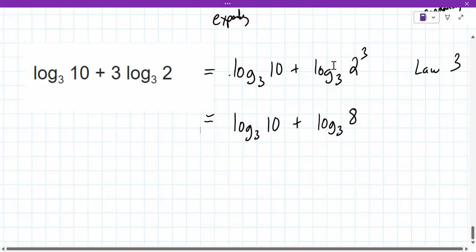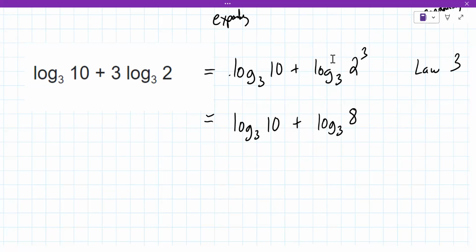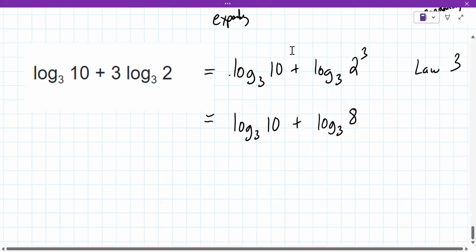Look at your 3 logarithmic laws. Which one applies when you have a sum? It's either law 1 or law 2. I don't know which law.